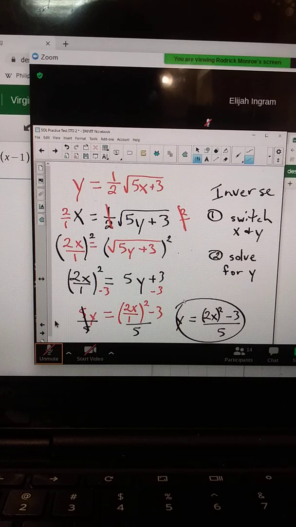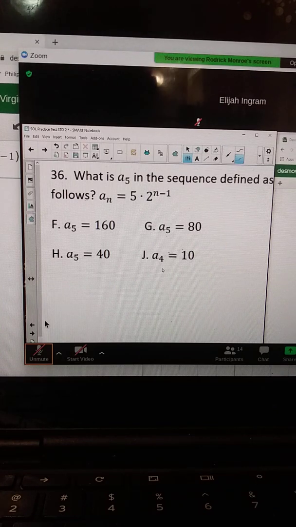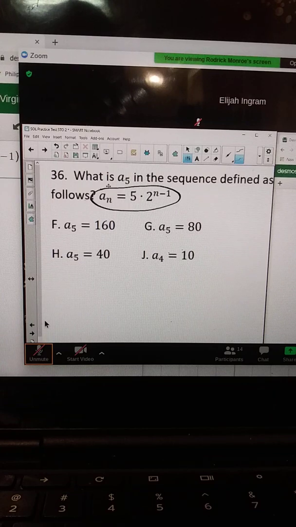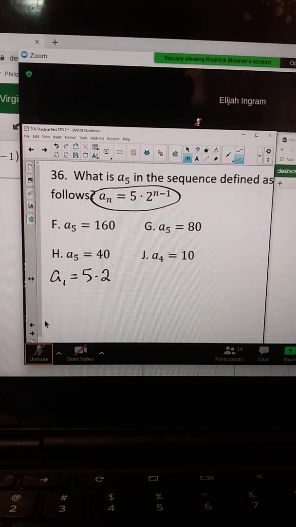Any questions, concerns, or comments? No. Okay. It says, what is the fifth number of this sequence? So this is our equation. Now we got to find the first 5 terms to get to the fifth one. So a1. Okay, n equals 1, so I now have 5 times 2 to the 1 minus 1.